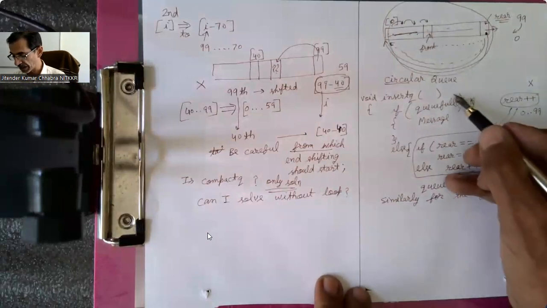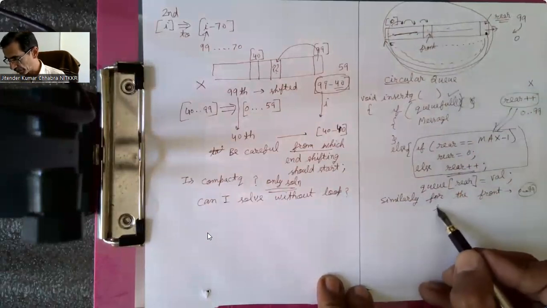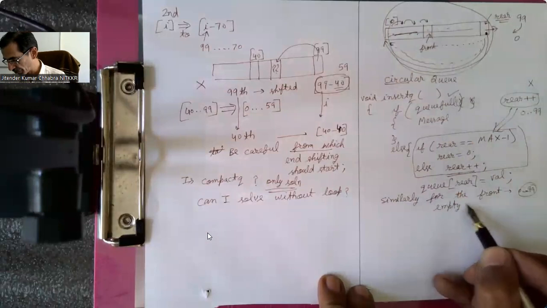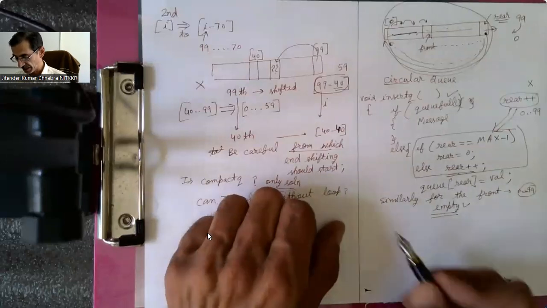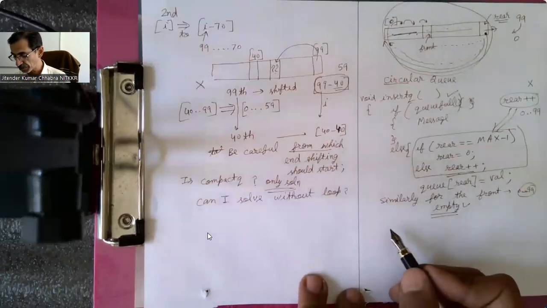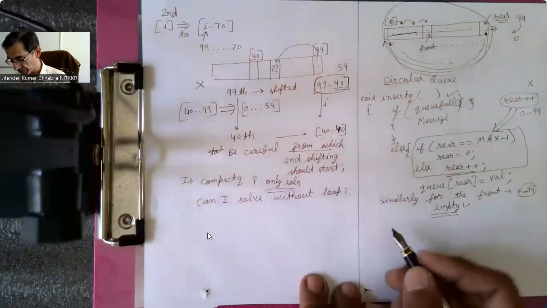So, of course, I have to take care of fullness and emptiness also. We have to verify that they are full or not, or empty or not. This will work. Then I say, there is a similar, additional smart way of writing the same statement.